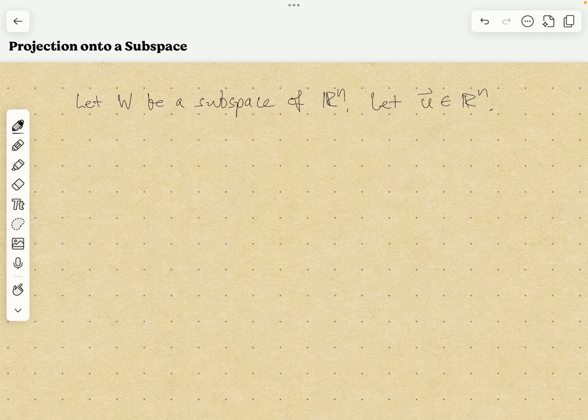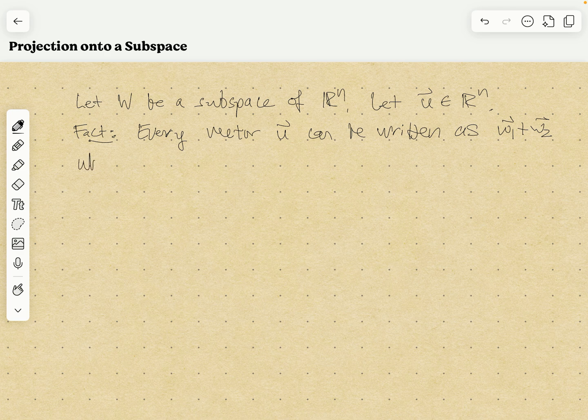Then the fact that we're going to talk about is that every vector U can be written as W1 plus W2, where W1 is an element of W and W2 is orthogonal to the subspace W. Now what does orthogonal to a subspace mean?